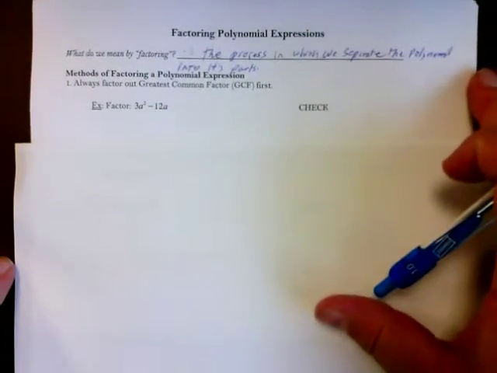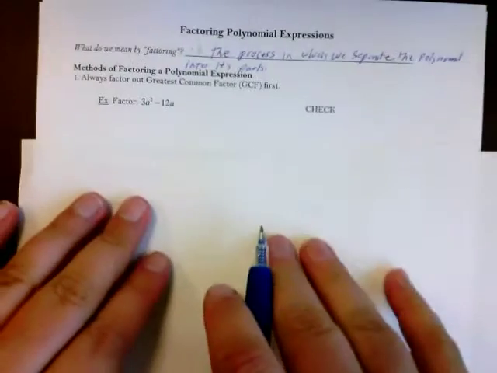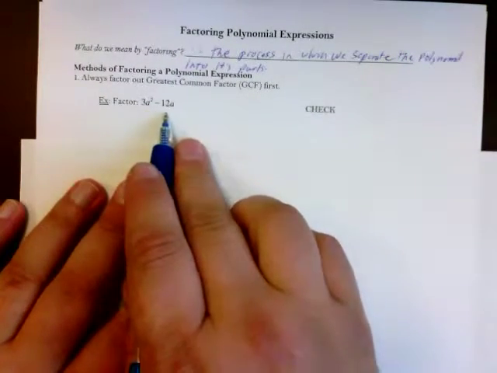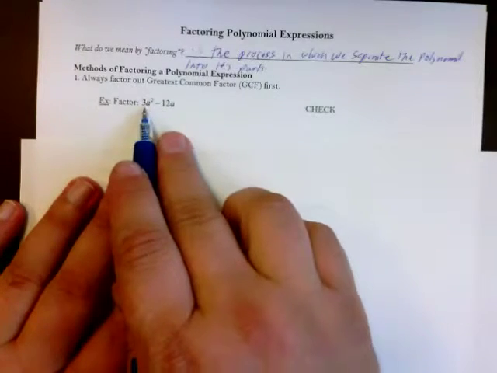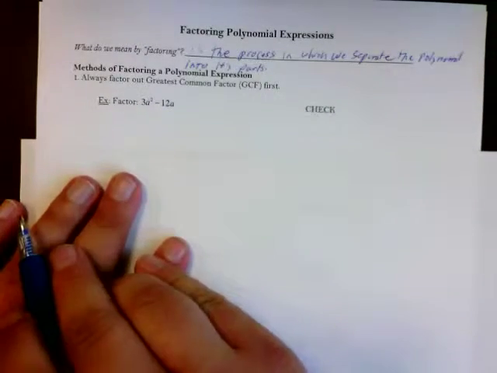One of the first things you want to do is look to see if you can find a greatest common factor. Often it makes it very easy to go about solving it. One of the things we can see here with our example is that we have 3a squared and 12a. Both these terms have an a attached to them.